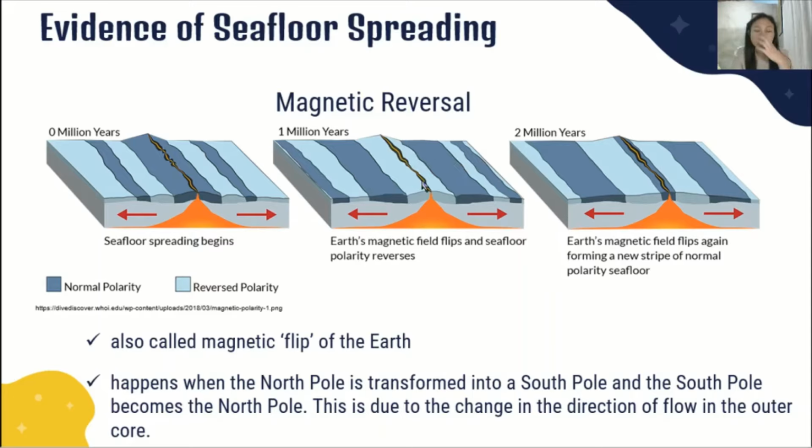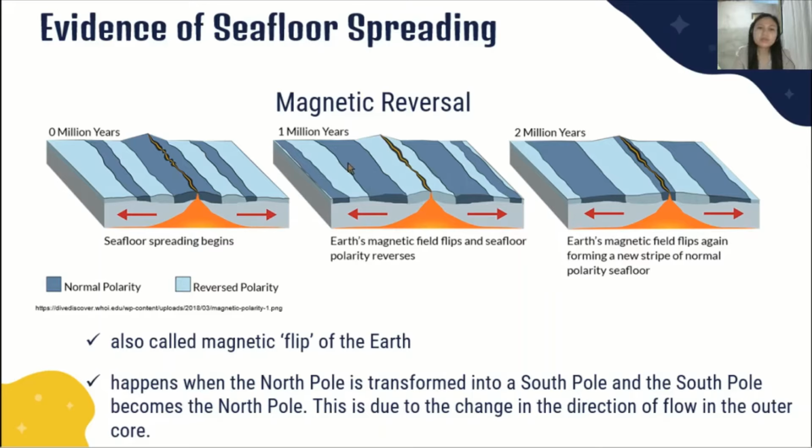So it is symmetrical. It shows that the magnetic rocks in the ocean floor are the same on the left side and the right side of the mid-ocean ridge.